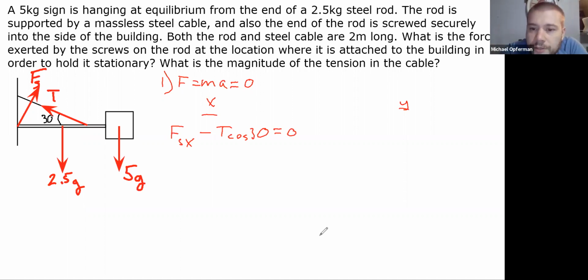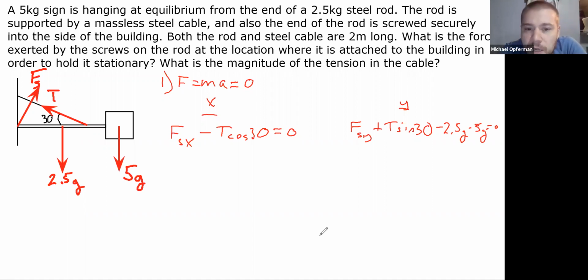And then in the y direction, I'm going to have the y component of the screw force plus the y component of the tension force, which is T sine 30, minus 2.5g minus 5g equals 0. So that first equation is easy to simplify.